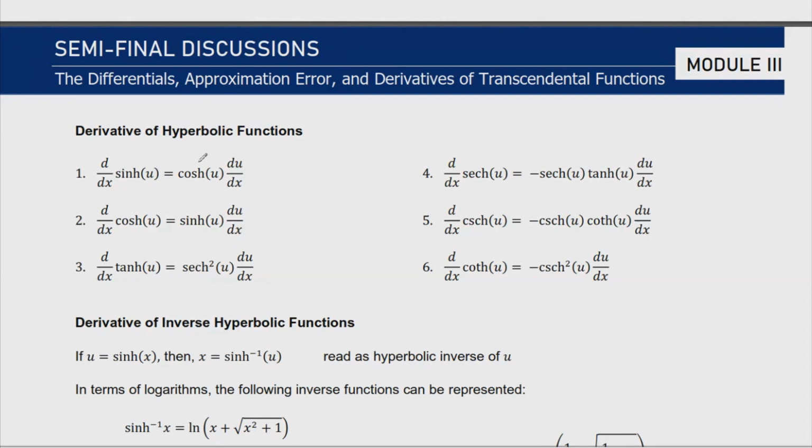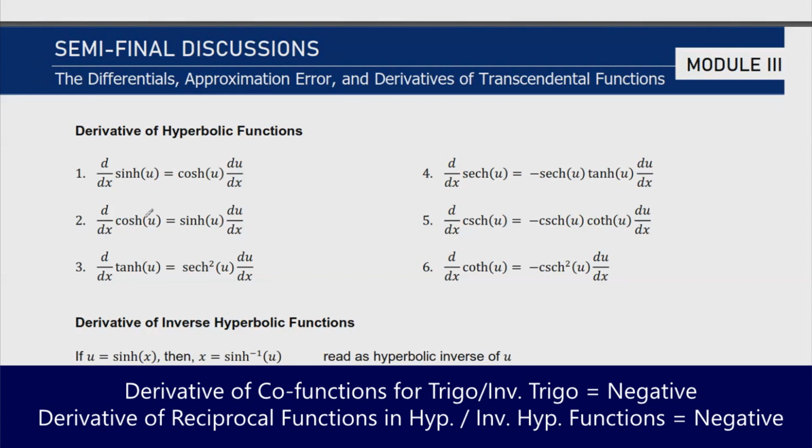When I say reciprocal functions, those are the reciprocal functions of the three main trigonometric functions that we have, and these are the sine, cosine, and then tangent. So if you take the reciprocal of that, we have let's say secant, and then cosecant, and then cotangent.